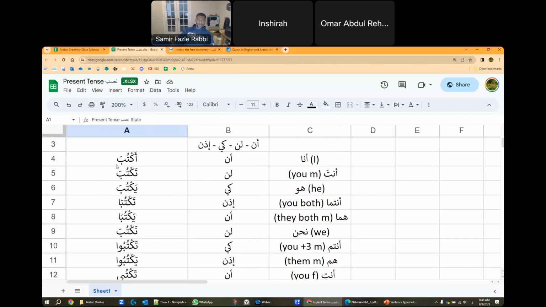But here, for example, without these things, these are the ahruf nasab, and lan, kay, idan. It's also the hatta and lam. Let me just add that right now. Hatta.